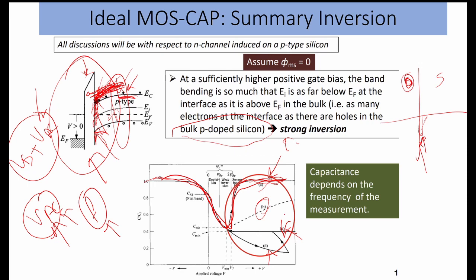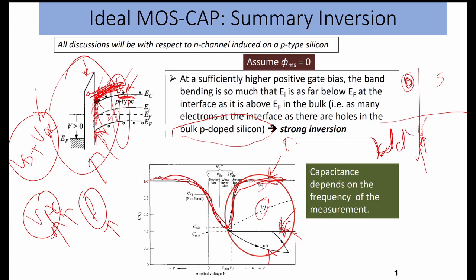So it will follow this C. The capacitance contribution is coming from the bulk of the semiconductor. Okay, the WD is increasing now.